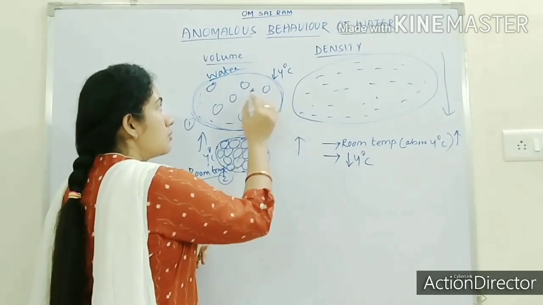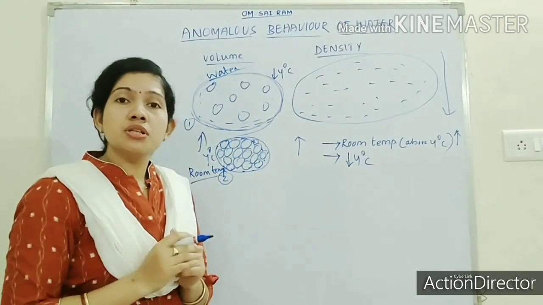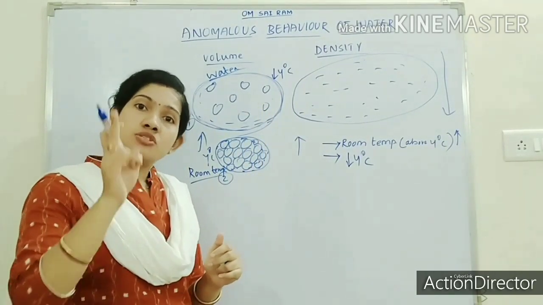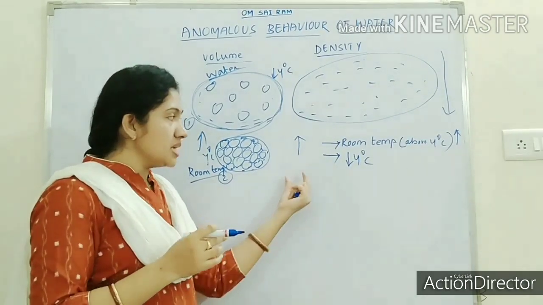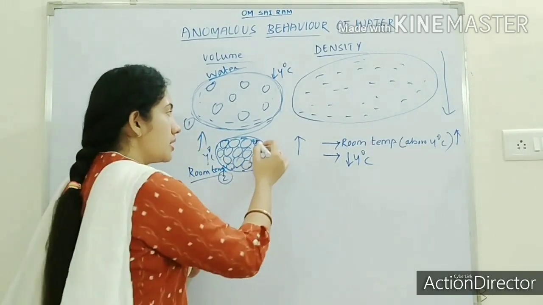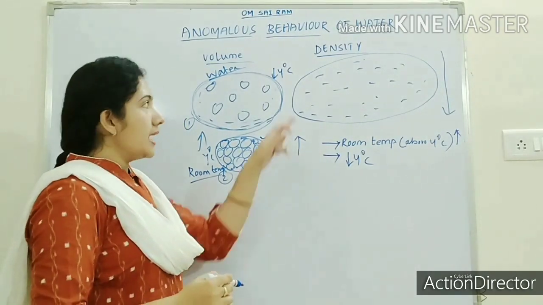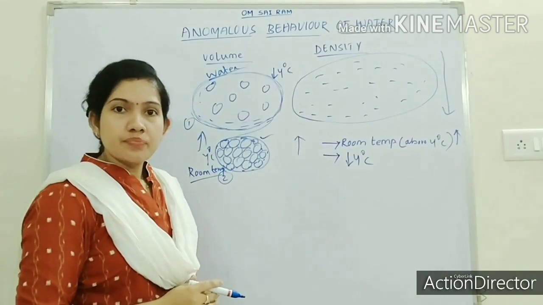Here, more distance between the particles means less density. More closeness of the particles means more density. So here the density is more and here the density is less.